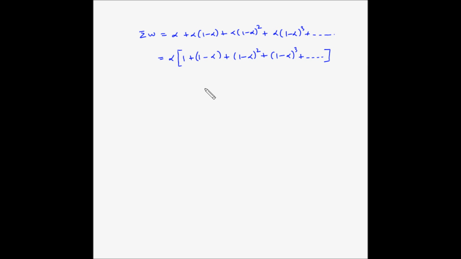Now we know that for the geometric progression, which is represented as 1 plus r plus r square and so on to infinity, the sum is equal to 1 divided by 1 minus r.